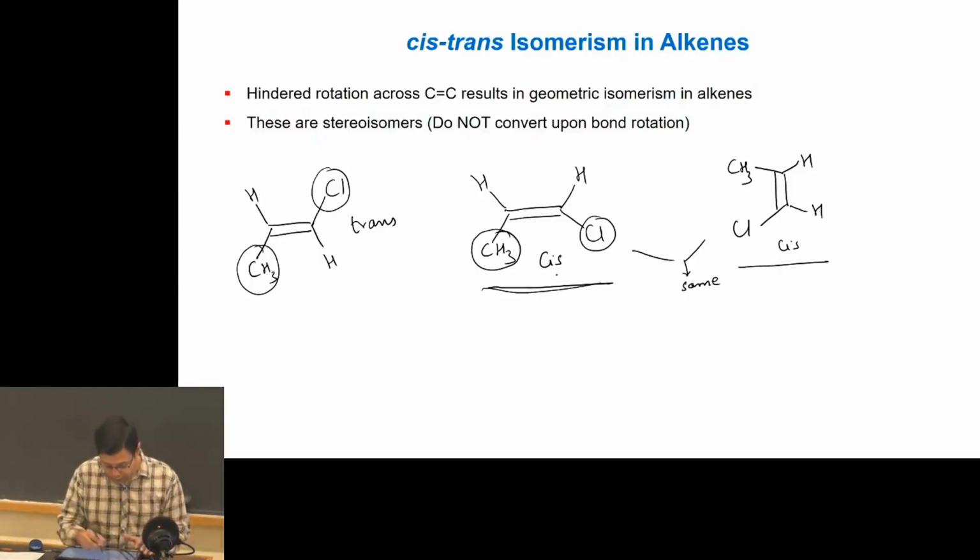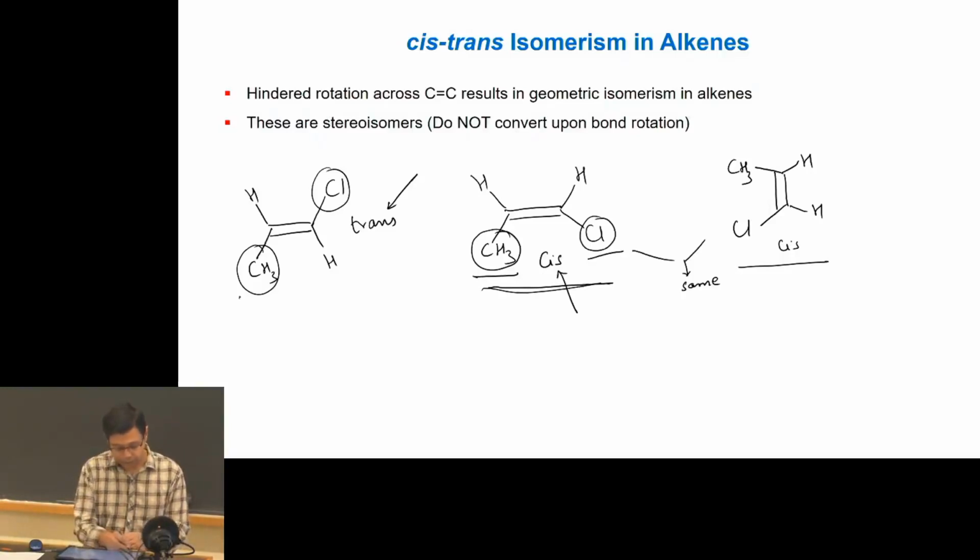But you can use cis-trans nomenclature only when you're looking at the relationship between two groups. Once you go beyond two groups, you cannot use cis-trans relationship. Let me show you an example.